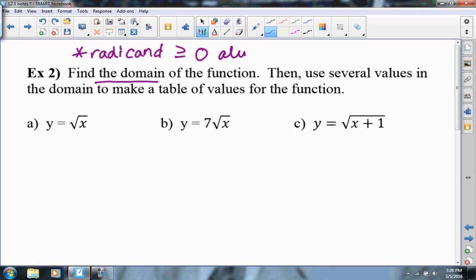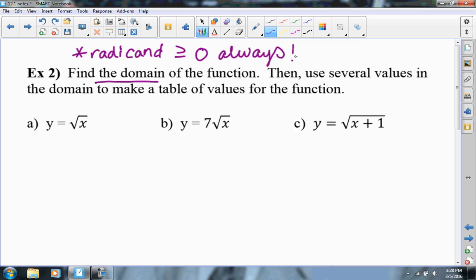Always. We always want the stuff that's inside the square root to be greater than or equal to 0, because we can take the square root of 0, and all the stuff greater than 0 is a positive number, and we can take the square root of that.